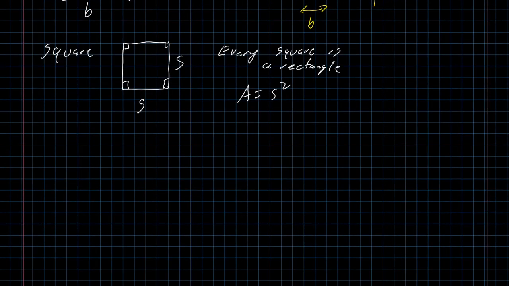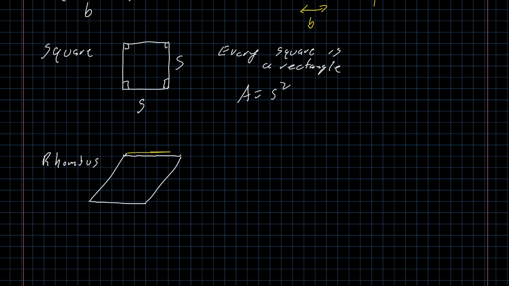I'm also going to mention here a rhombus. Much like you can think of a parallelogram as a rectangle that has kind of slid over, a rhombus is a square that has kind of slid over.